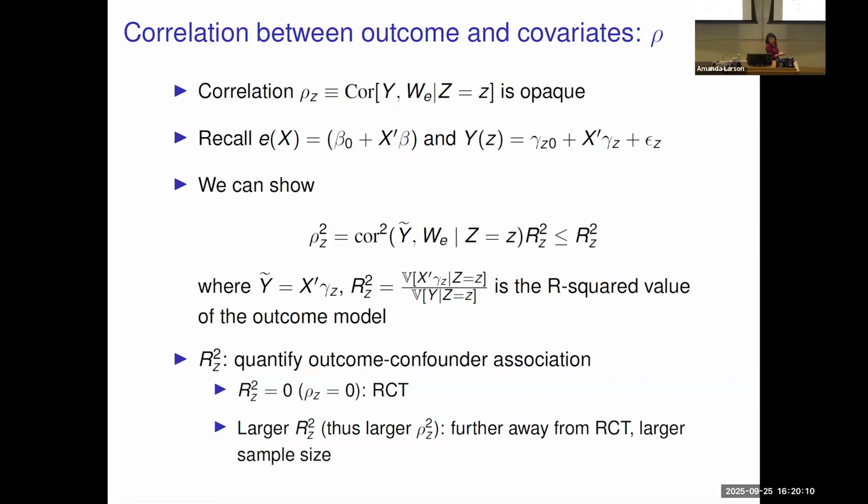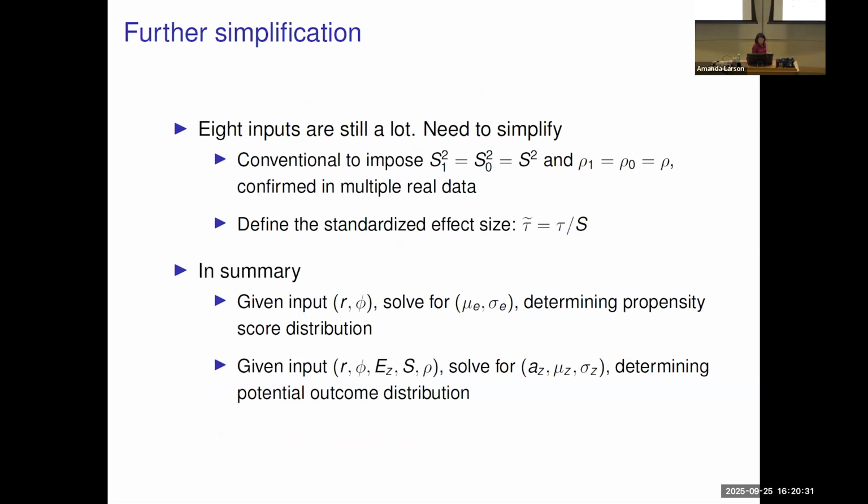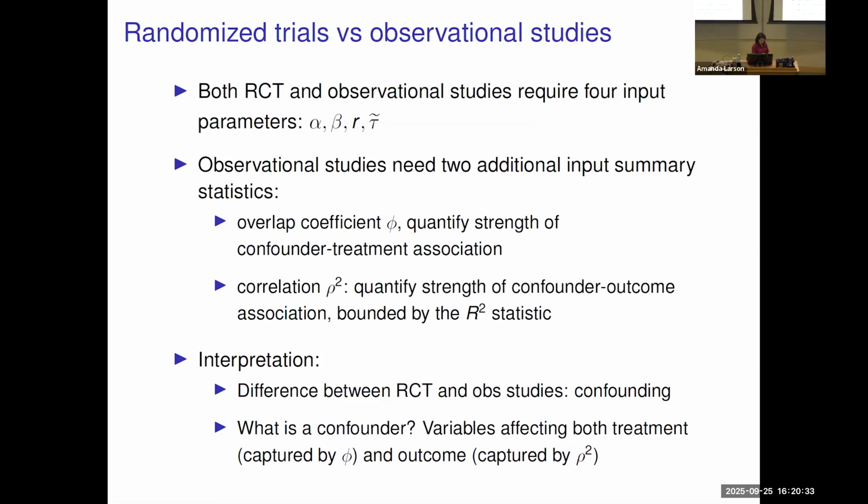And we know that's one of the paths by which a confounder can affect both treatment and outcome, and this characterizes that path. And the propensity score characterizes the other path. So practically, that makes sense to us.